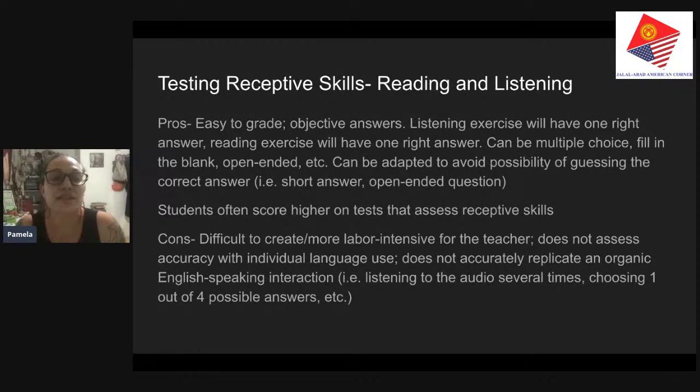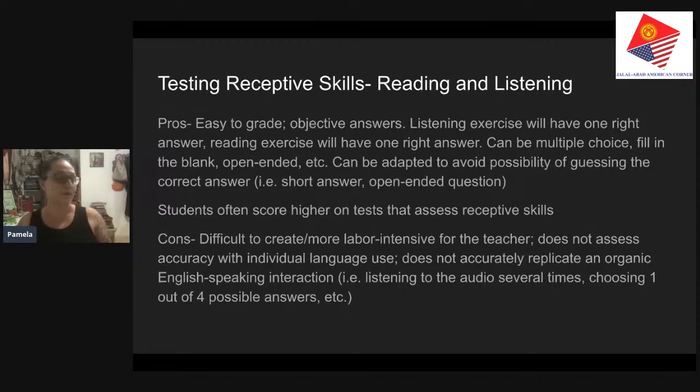So testing receptive skills. So the pros, or the advantages, of testing receptive skills. So we know the receptive skills are listening and reading. So it's very easy to grade, right?